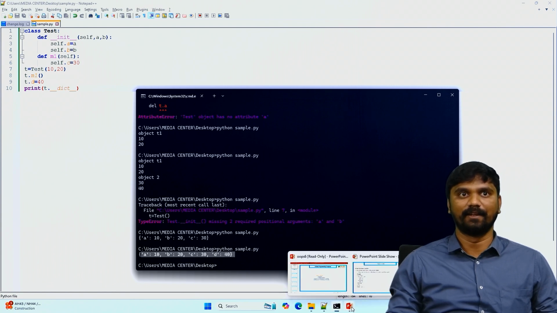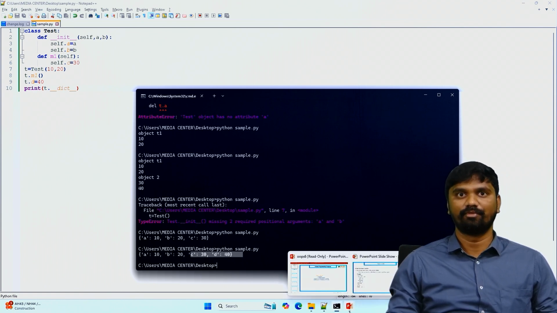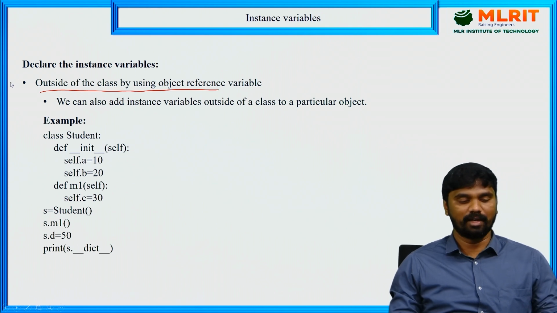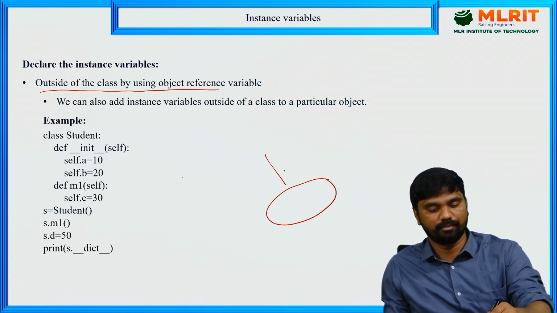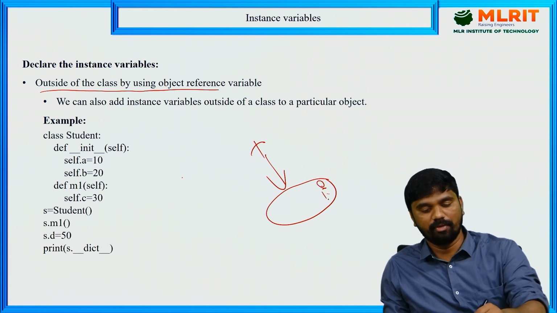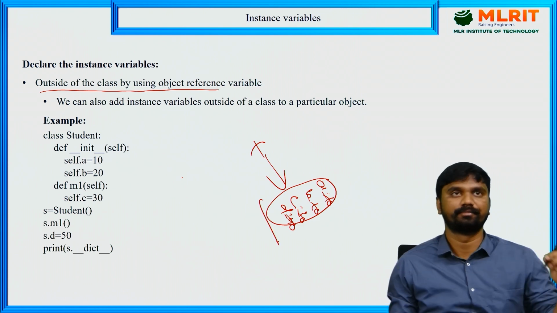Object t. That's why it comes under one object: a equals 10, b equals 20, c equals 30 and d equals 40, right?